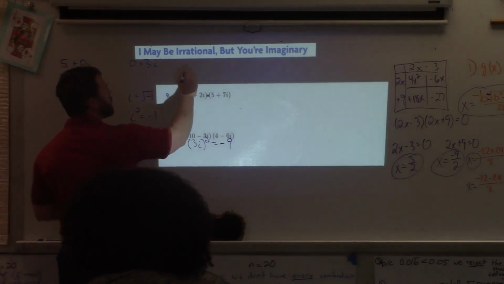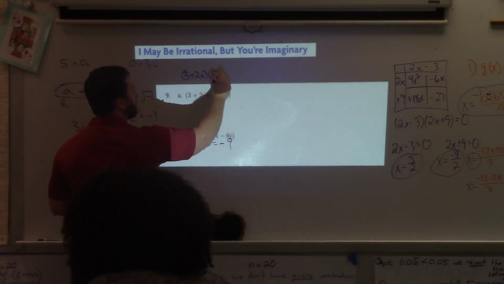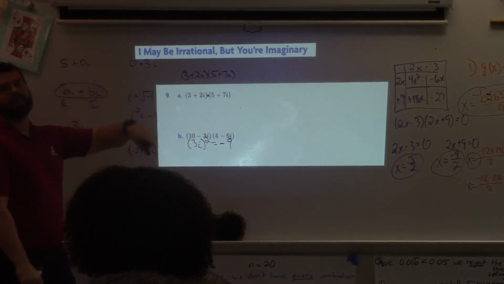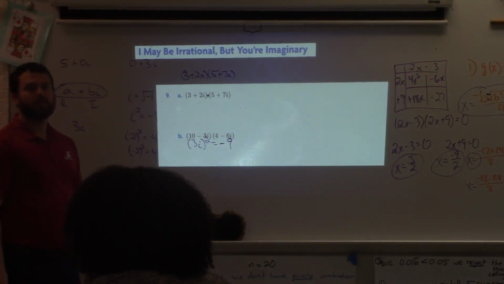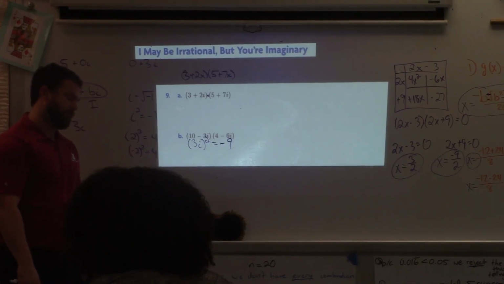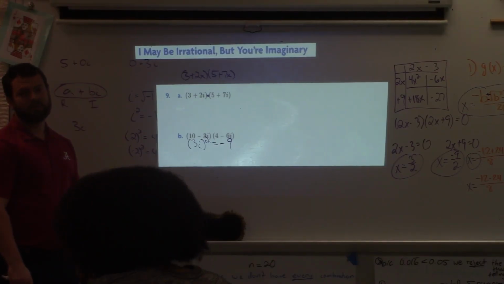Hey guys, if this was 3 plus 2x times 5 plus 7x, how would you multiply to get to standard form? Distribute. Distribute using, what did I recommend? To help you distribute. The area model.